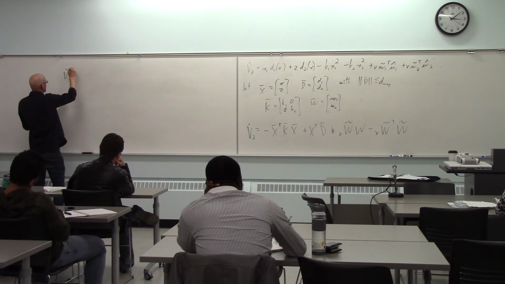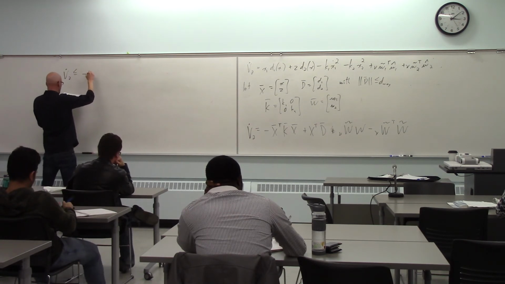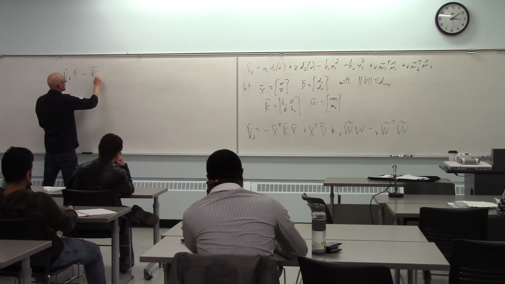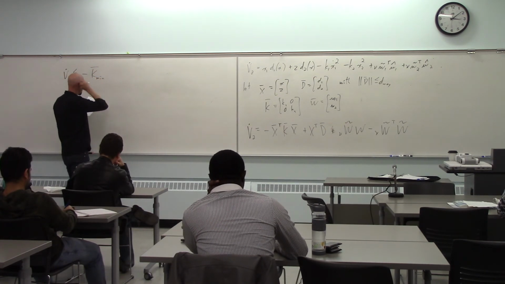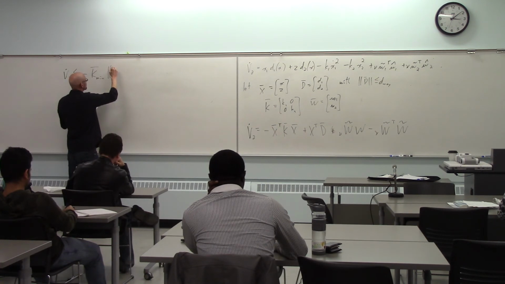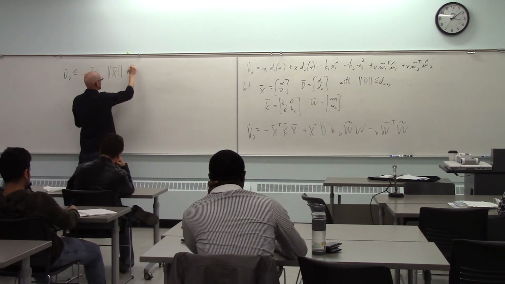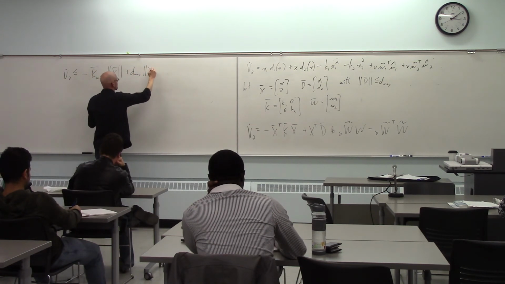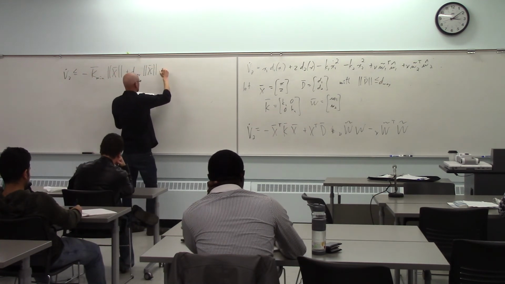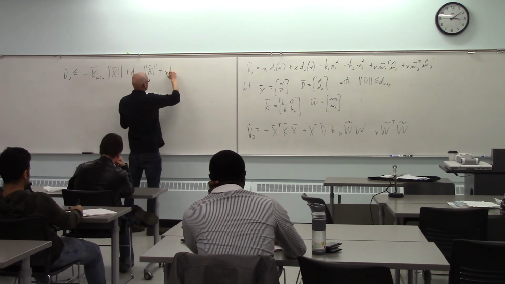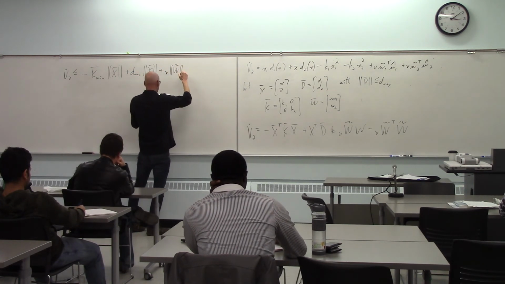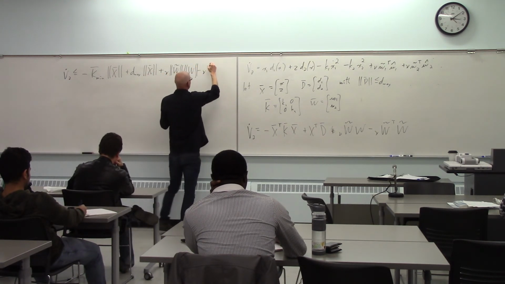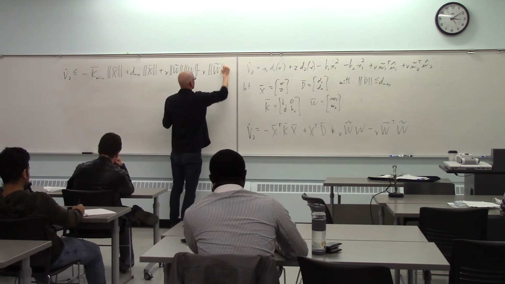So V2 dot is less than or equal to minus the minimum eigenvalue of k bar times the norm of x bar squared plus d max times the norm of x bar plus nu times the norm of W tilde times the norm of W minus nu times the norm of W tilde squared.